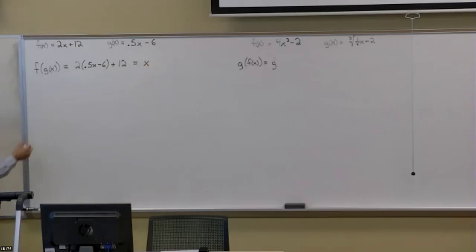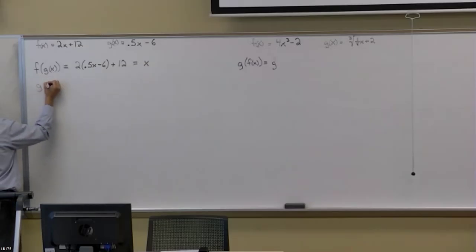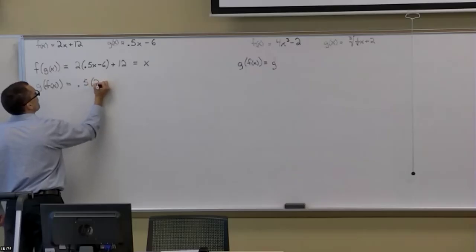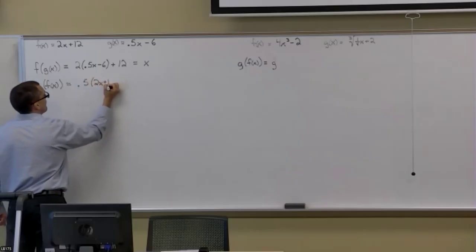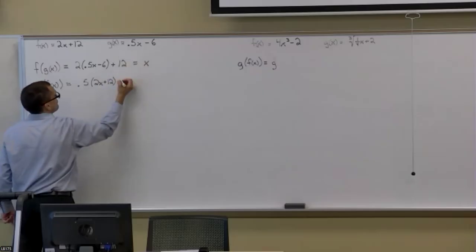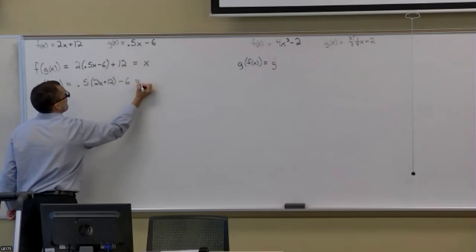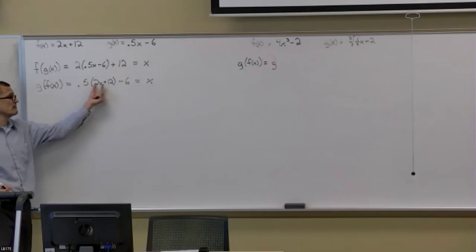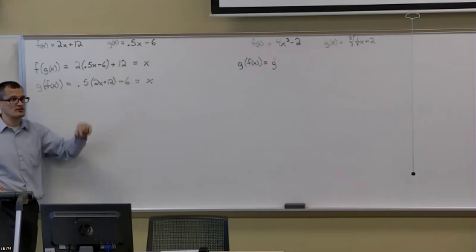Now, it's always a good strategy: if you get x composing one way, check that if you compose it the other way, you also get x. Again, I'll skip an intermediate step. We're plugging the 2x plus 12 into my g of x. And you also get x that way, right? 0.5 times 2 gives me 1x. 0.5 times 12 gives me 6. Minus 6 gives me 0.